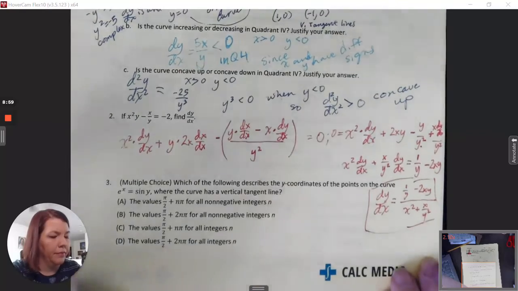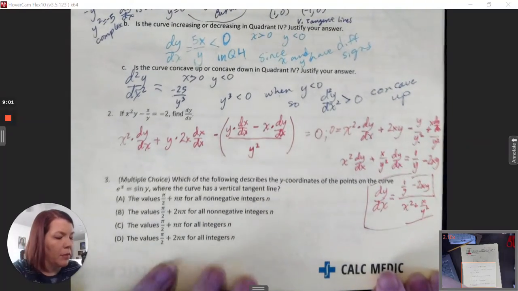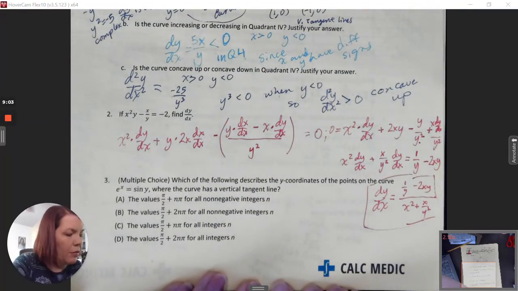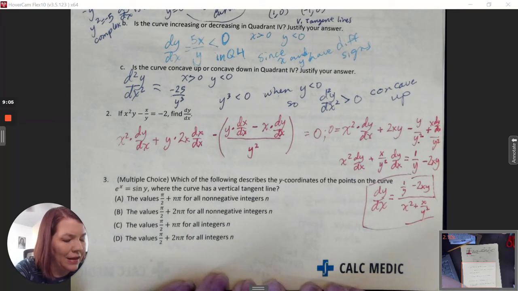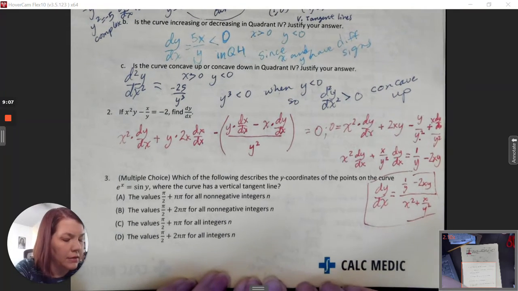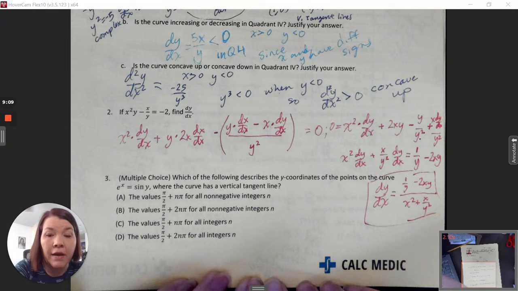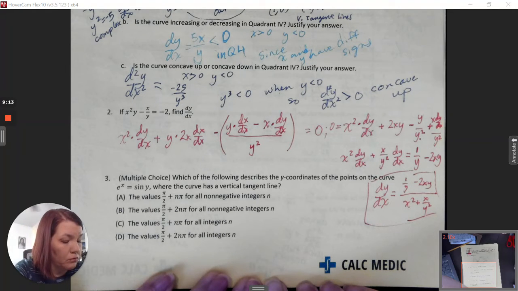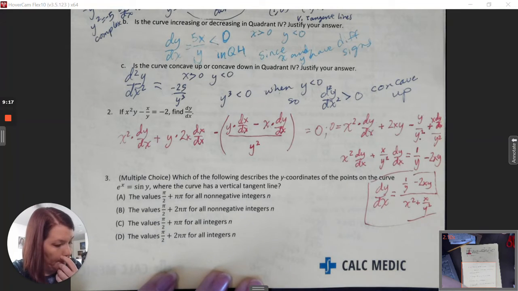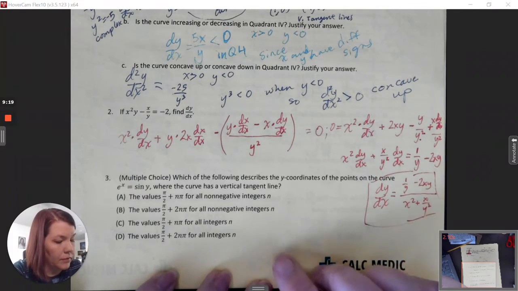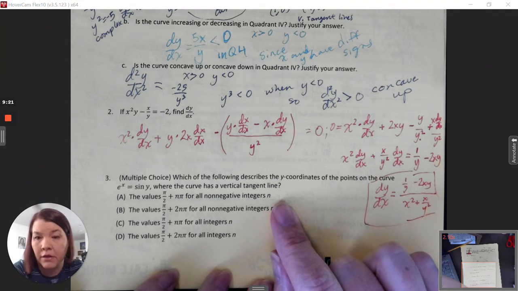Number 3. Multiple choice, which of the following describes the y coordinates of the points on the curve of e to the x equals y sine of y, where the curve has a vertical tangent line. So we want to know when the vertical tangent lines will be.